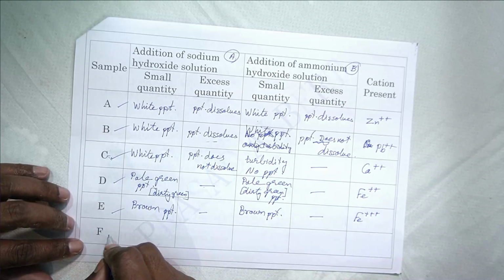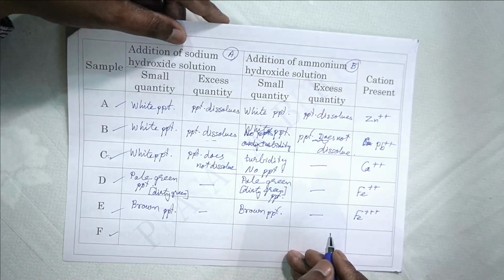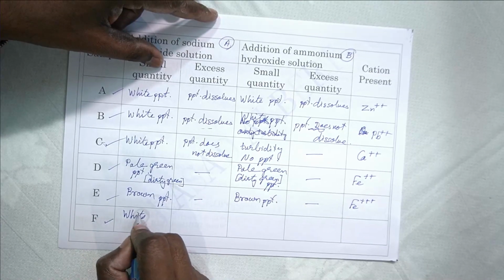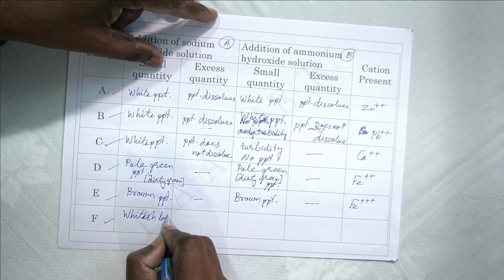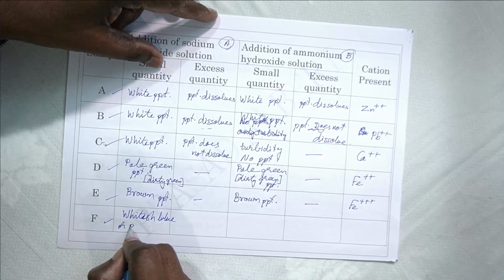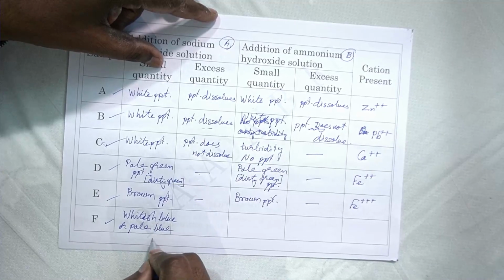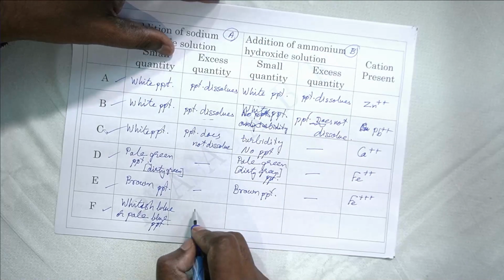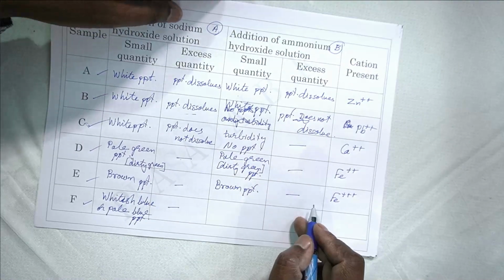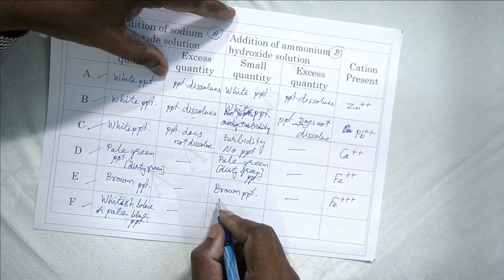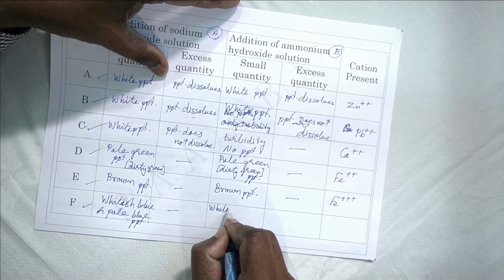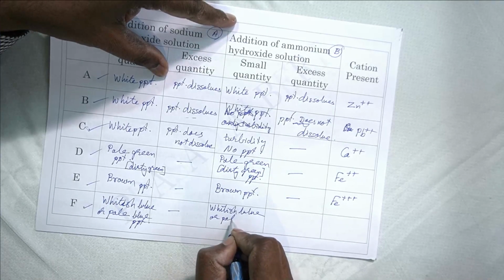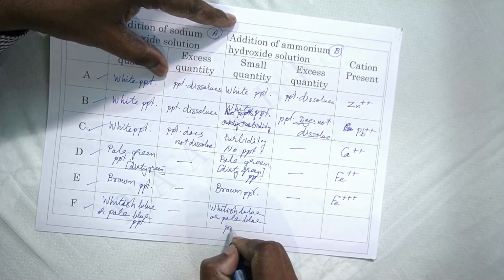Yes. Now sample F. Here we have a whitish blue or pale blue precipitate formed when a small amount of sodium hydroxide is added. When we add excess, nothing happens, the same thing is there. And when ammonium hydroxide is added in small quantity, it gives a whitish blue or pale blue precipitate.